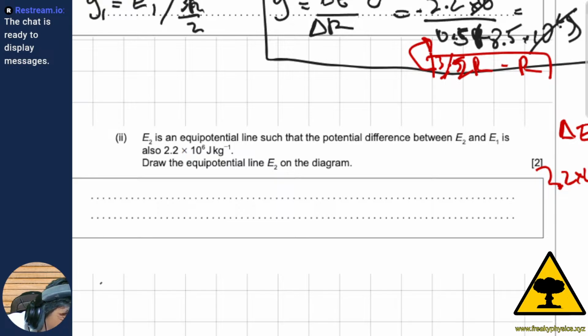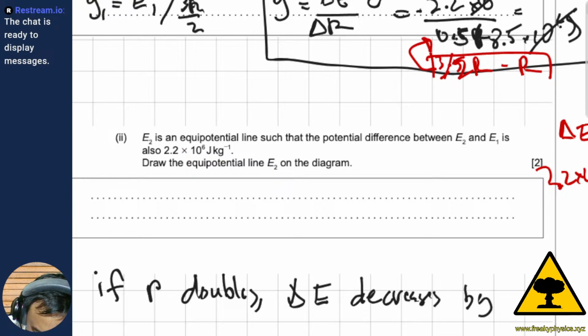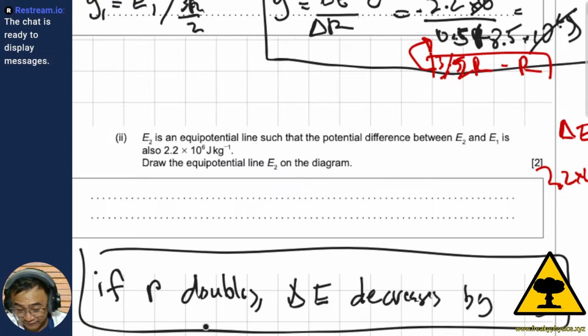What's the pattern here? If R doubles, delta E decreases by half, right? Okay, yeah, so that's the idea. So what we do is, instead of doing it like this, we know that at R, it's got some value, E0, right?